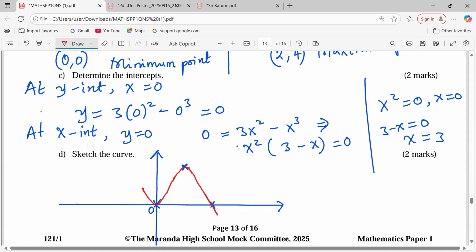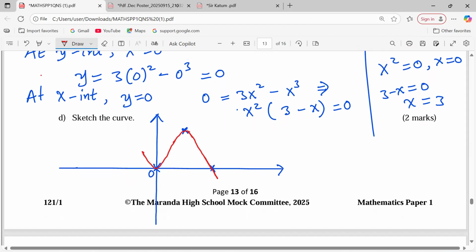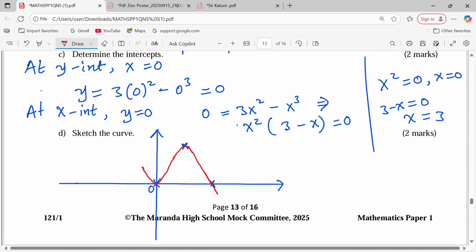So that point is just passing. We have the two turning points and the intercepts where the curve is passing. That's how we sketch the curve: you consider the intercepts and the nature of the turning points so that you turn appropriately.